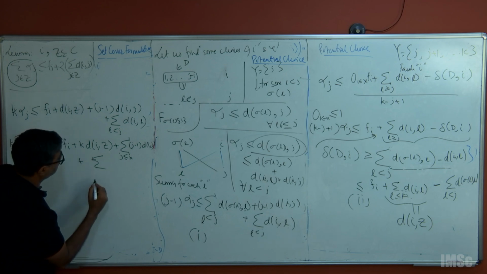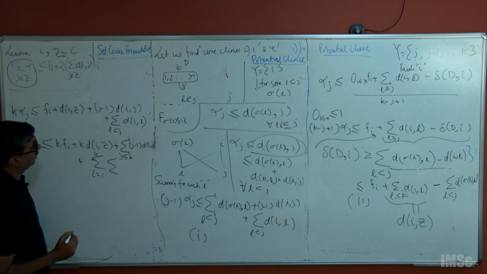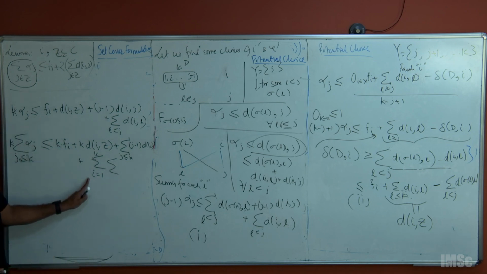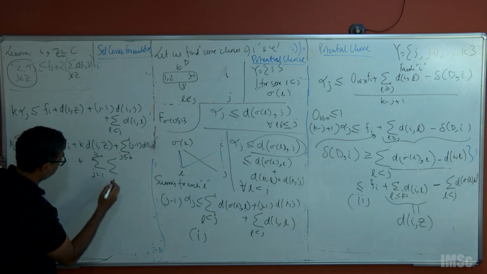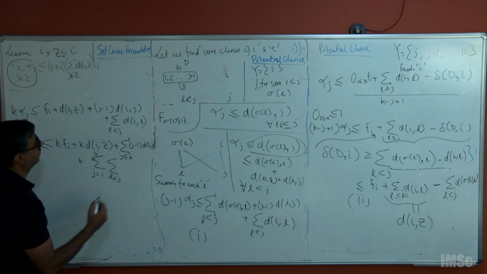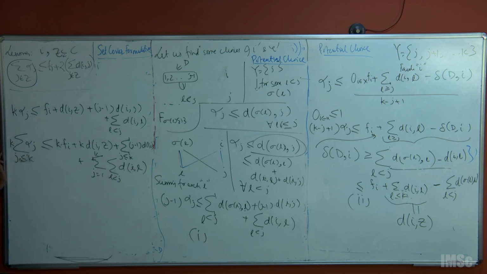I equal to 1 to k, and now if I have taken I, it should be, is it making sense? Or j equal to 1 to k? It should be this, right? And then L less than j, d I comma L. Does this make sense?